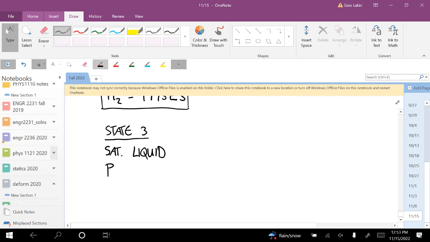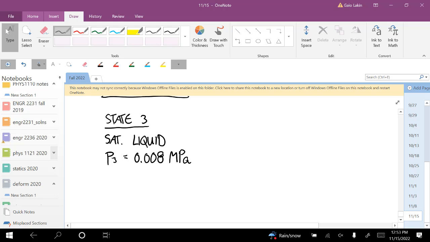Okay, so P3 is 0.008 MPa. And so we can just use the table. And so H3 is 173.88 times 10 to the third.